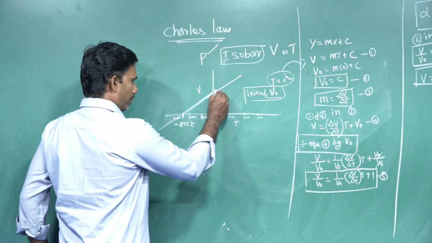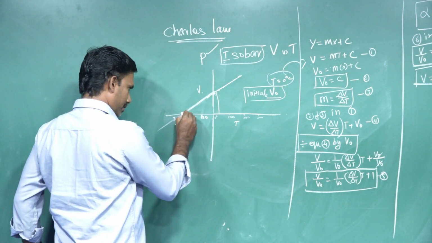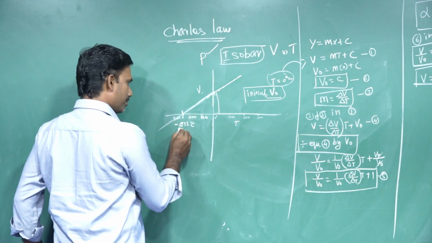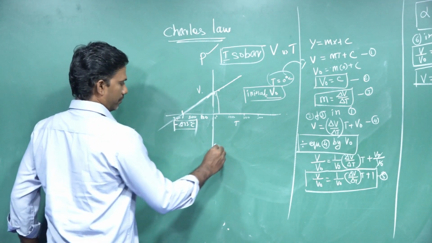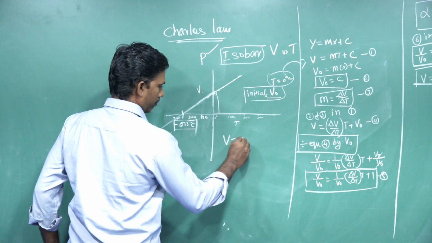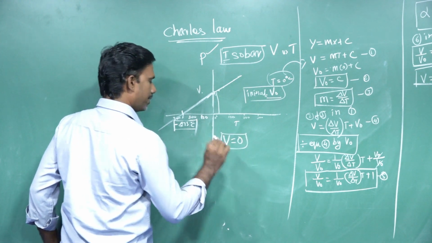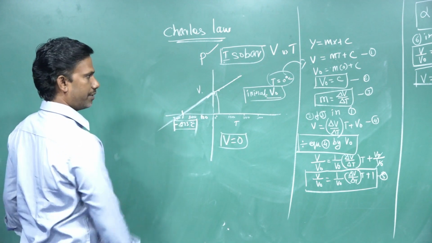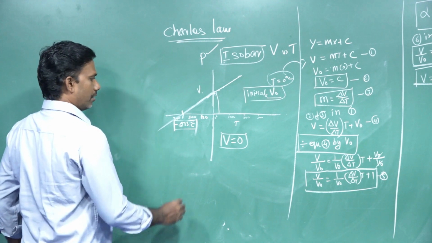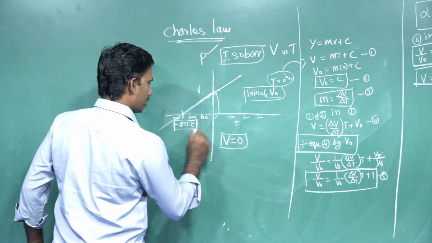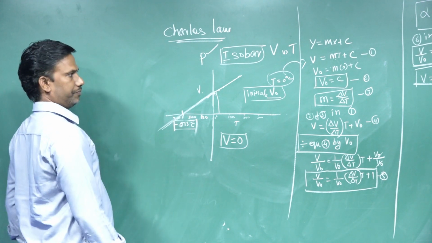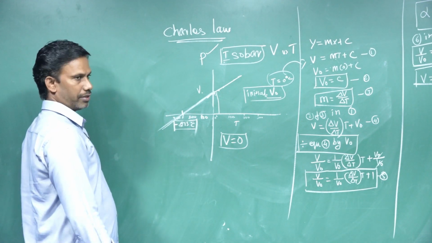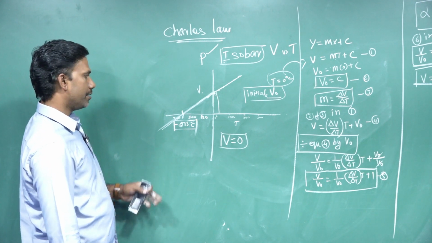When you extrapolate the graph to the x-axis at this particular temperature, that is minus 273, the volume will become 0. The volume of any gas will become 0 there. After that temperature, the volume would be negative, which is impossible.